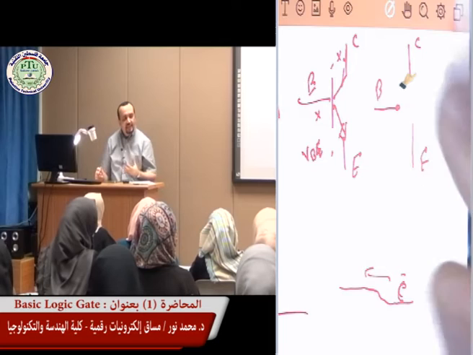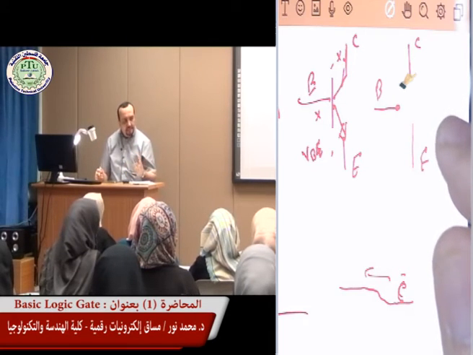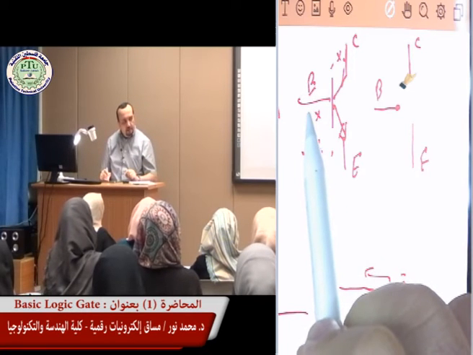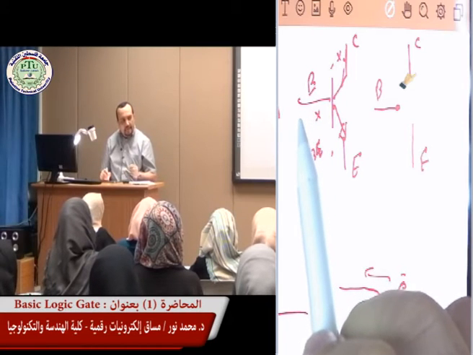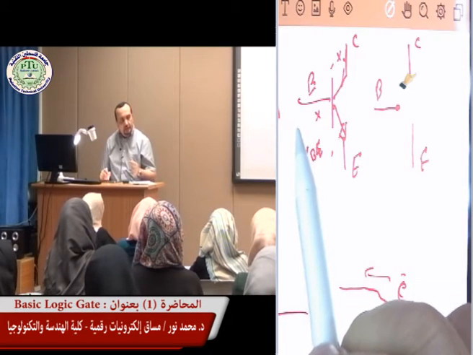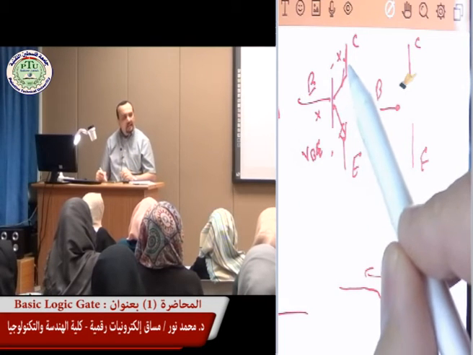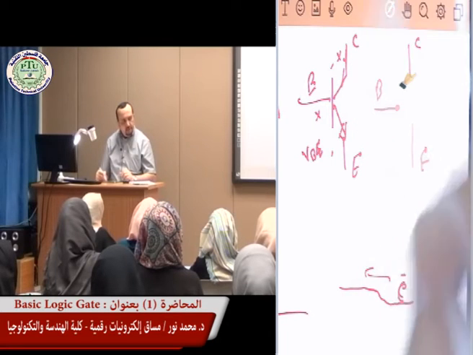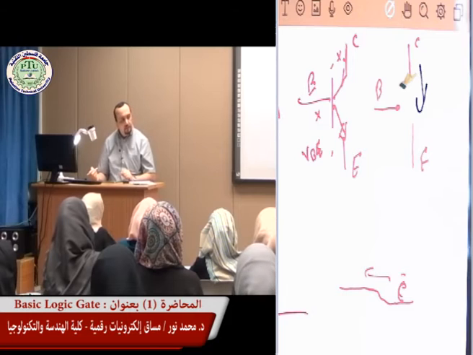So the idea of the bipolar junction transistor is a device where, if we apply a little bit of current at the base terminal here, that turns on the device, and a large current can flow through this path.